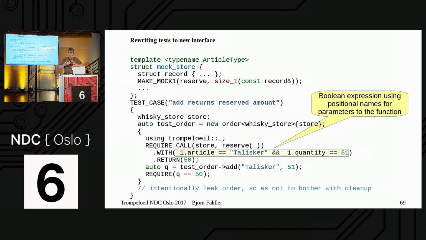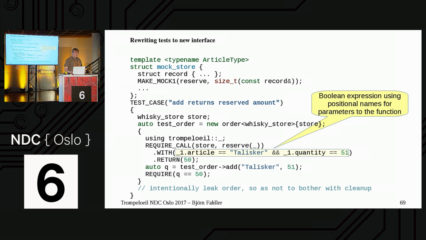But that way you can build up or express whatever you like in there using the parameters to the call just by their positional names. And you can call functions in there, which is actually implicitly done here because we're comparing string article operator equals const char star in here.